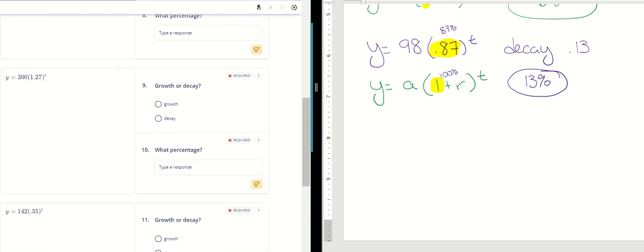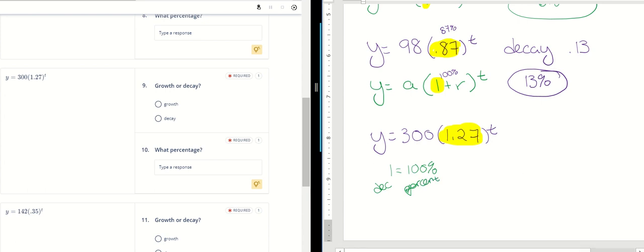Let's look at this third one. We've got y equals 300 times 1.27 to the t power. So we look at this number and we ask, is this bigger or smaller than 1? Keeping in mind that 1 is the same thing as 100%. This is just two different ways to look at it, as a decimal or as a percent.